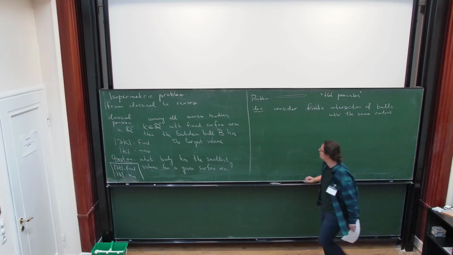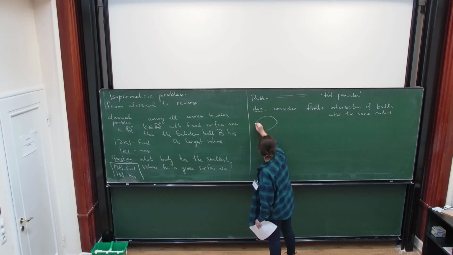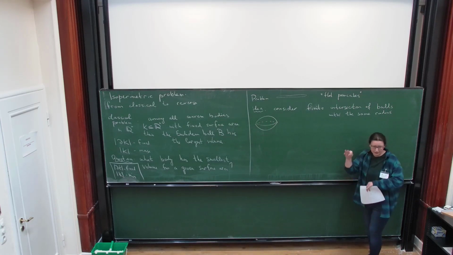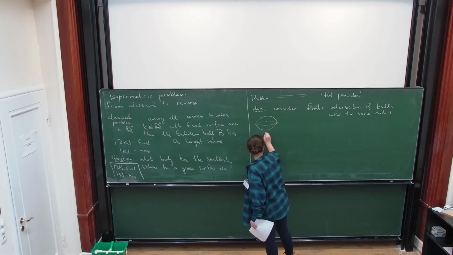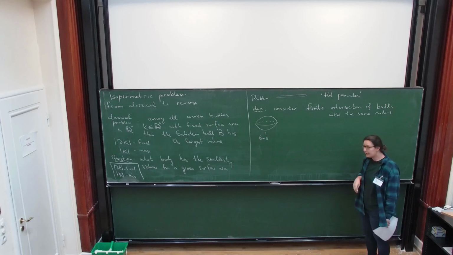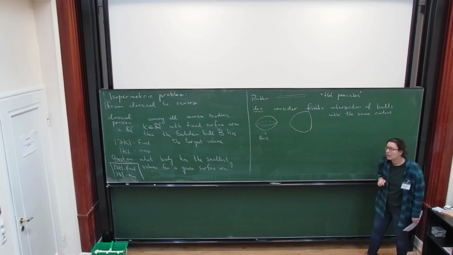The first simple case: if I take two balls and intersect them, the intersection is essentially the union of two spherical caps, and such a union is usually called a lens. Or I can increase the number of balls, look at three of them and take the intersection, and so on.